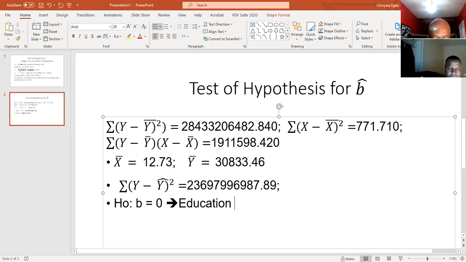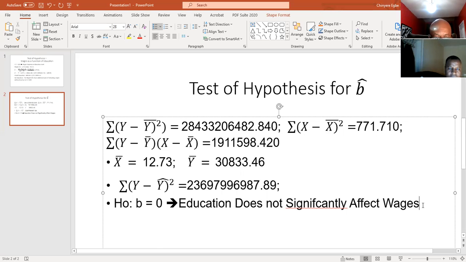Education does not significantly affect wages.